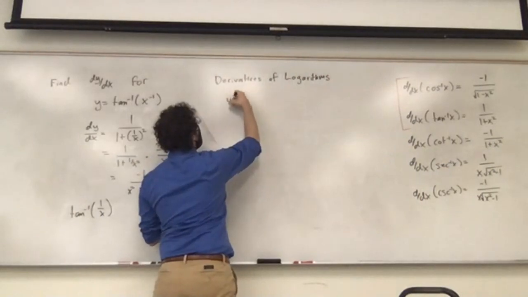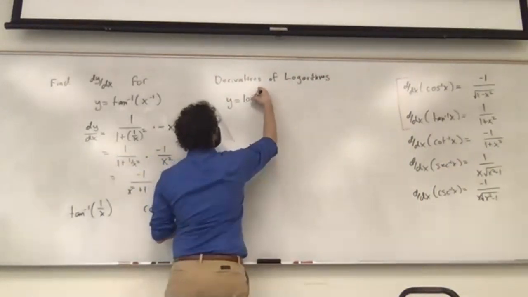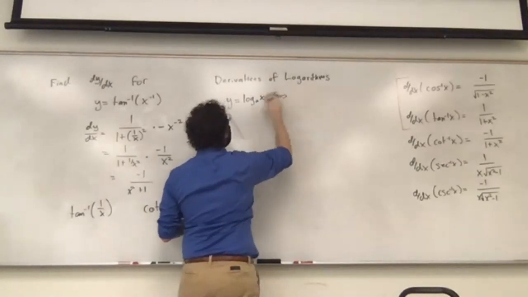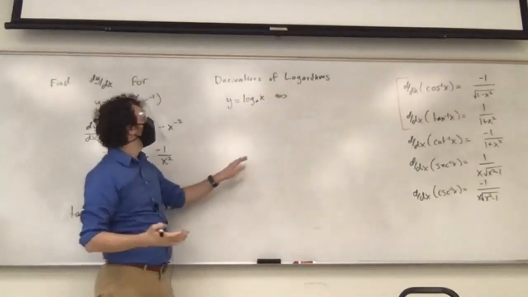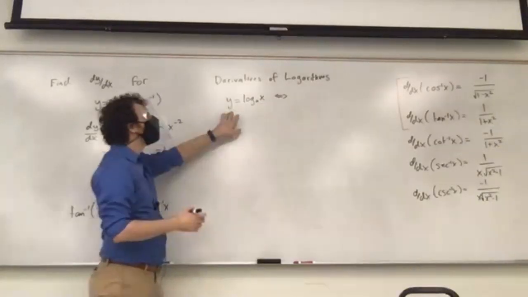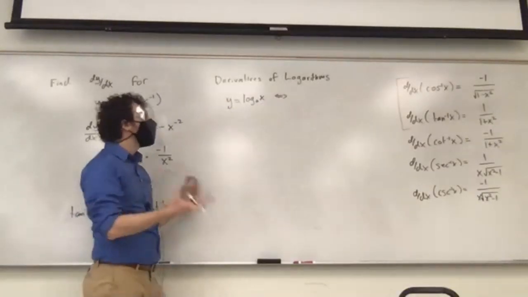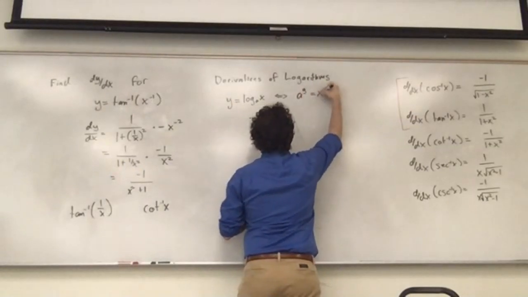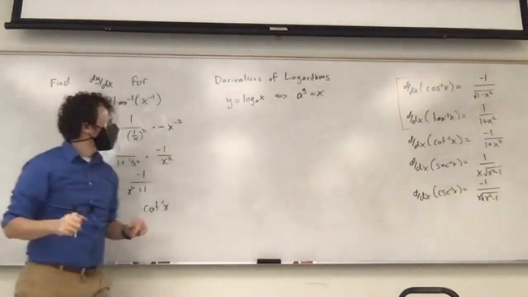So if we have y equals log base a of x, what this means, how you know that log base a of x equals a number y, is that it's saying the same thing as a to the y equals x.